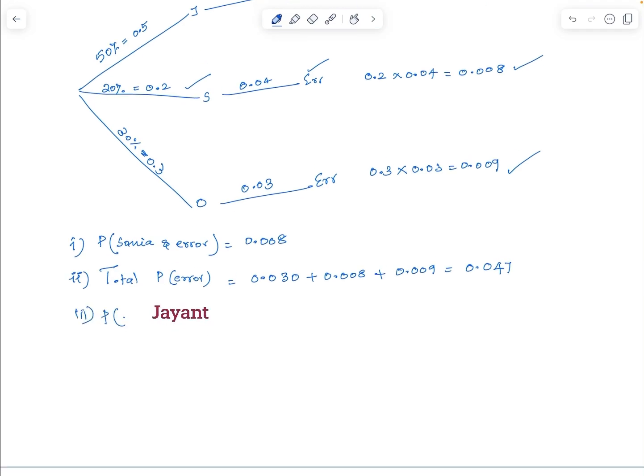So P of not Jayant and error form, which is equal to favorable outcomes by possible outcomes. Favorable is 0.008 plus 0.009 by 0.047, which is equal to 0.017 by 0.047, that is 17 by 47.